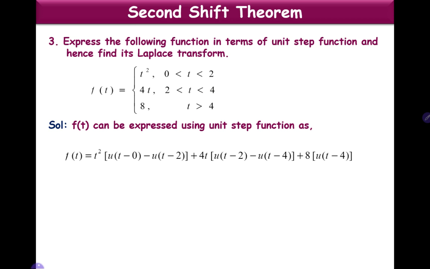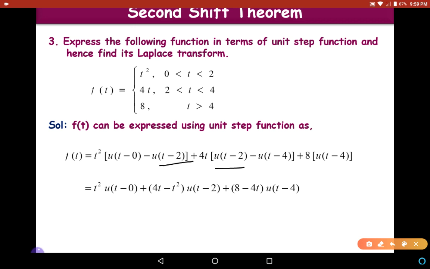Now if we rearrange and combine the terms, we get t square into u of t minus 0. Combining u of t minus 2 terms, we get 4t minus t square into u of t minus 2. Combining u of t minus 4 terms, 8 minus 4t into u of t minus 4. Now if you look at the first term, we have u of t minus 0, a is 0, and this t square can be written as t minus 0 whole square. So there is absolutely no problem here.